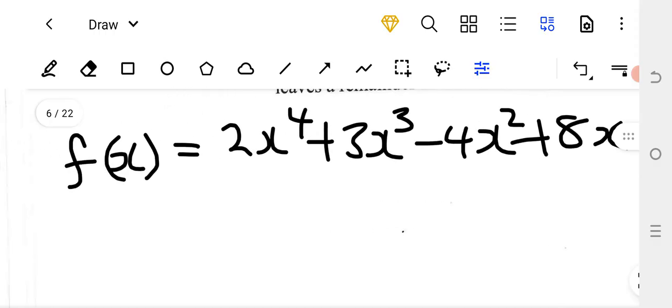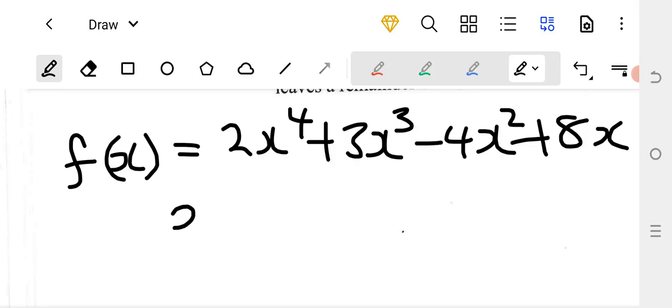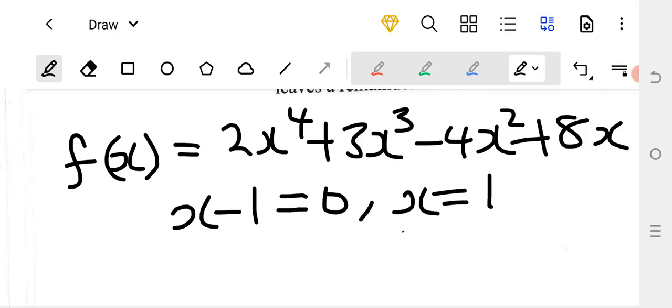And then they said it leaves a remainder when divided by x minus 1. So we're going to equate x minus 1 to 0, and then our x is going to be equal to 1. So whatever they have given you here, always equate it to 0. Simple as that. Don't even start overthinking.